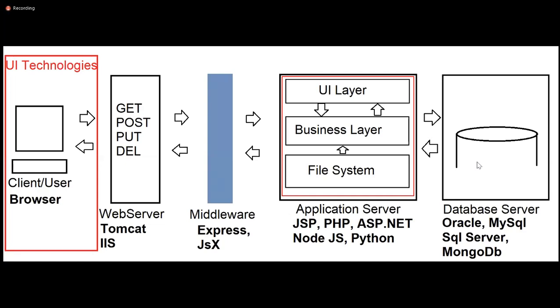But UI technologies are required for everyone who is learning technologies like server side, Java, .NET, PHP, Python, everyone. Because without a user interface, they cannot create a proper interface for interacting with their application.